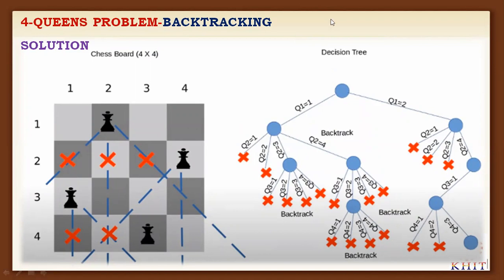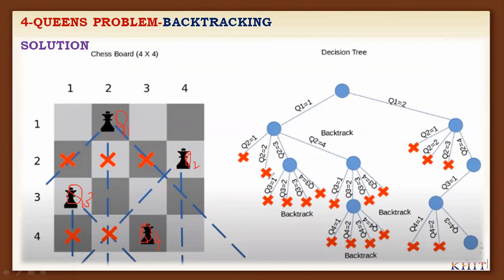Now check clearly: I have placed Q1 here, Q2 here, Q3 here, and the fourth queen here. Now I have successfully placed all four queens in a 4x4 chessboard.